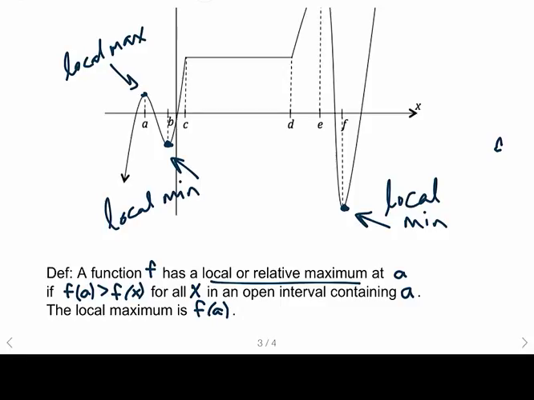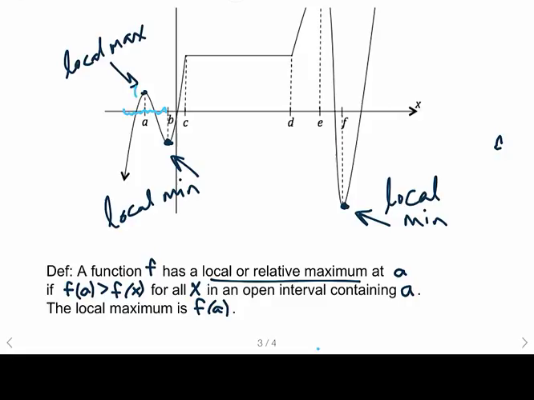In other words, if there's a little neighborhood around a such that f of a is bigger than everything else in that neighborhood, then I have a local maximum at a. The local maximum itself is f of a. In other words, it's the function value. How big is the y value?